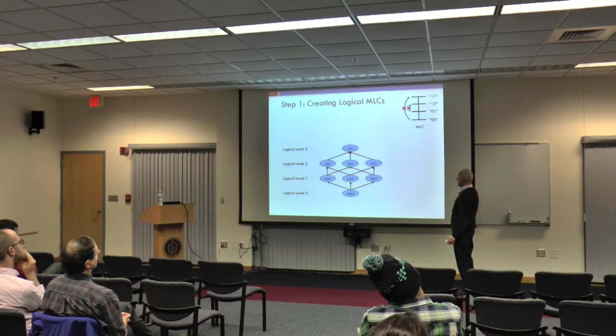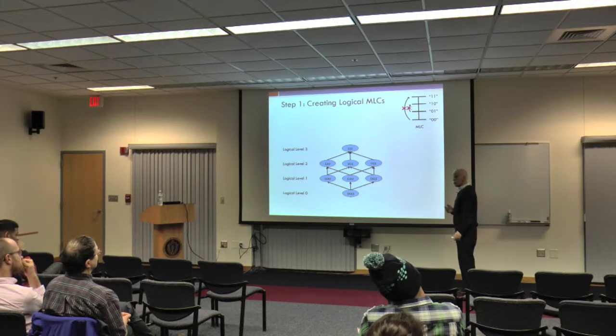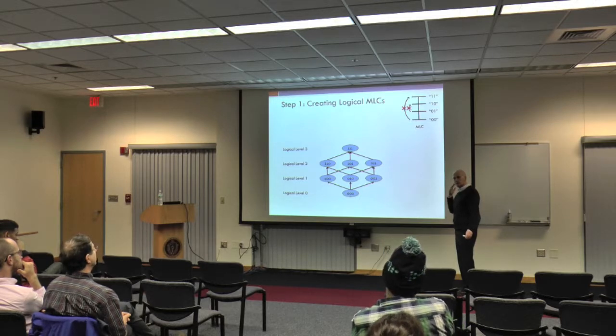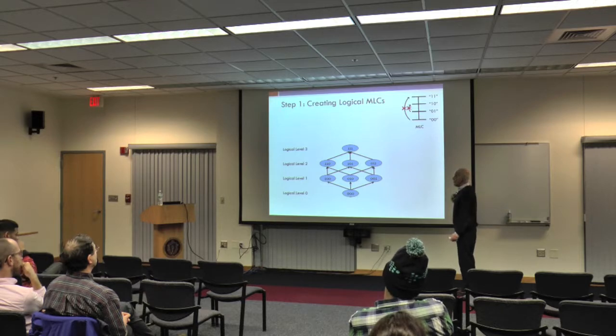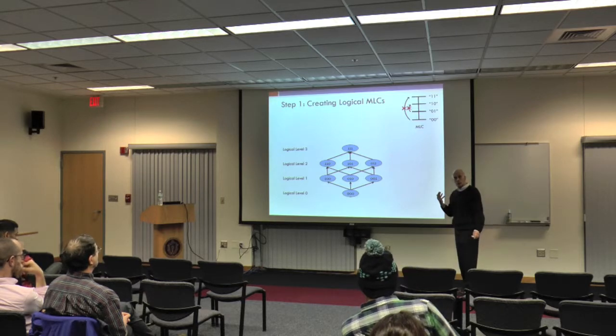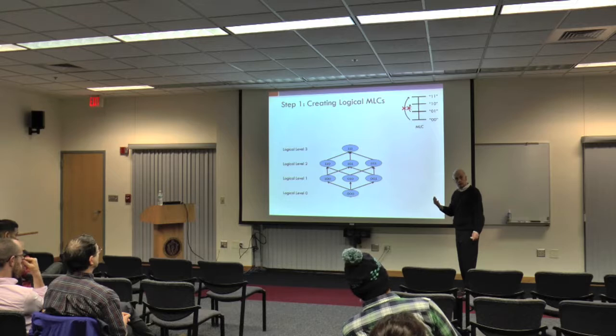From the point of view of Dan, he doesn't know how to connect his computer architecture with that theory. What we do for him is we make little virtual cells with multiple levels.